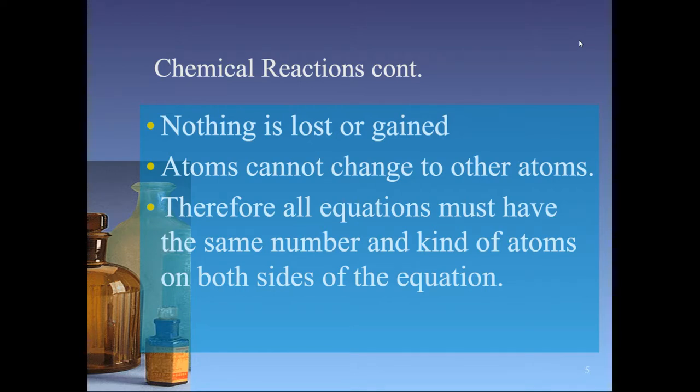The form that matter is in may change, but the amount of matter is going to be consistent. And the same with the amount of energy. Atoms cannot be changed to other atoms. That goes back to the atomic number of an atom being the atomic number of that atom, and that is consistent. So, therefore, all equations must have the same number and kind of atoms on both sides of the equation. And that leads us into why it is important to balance chemical reactions.